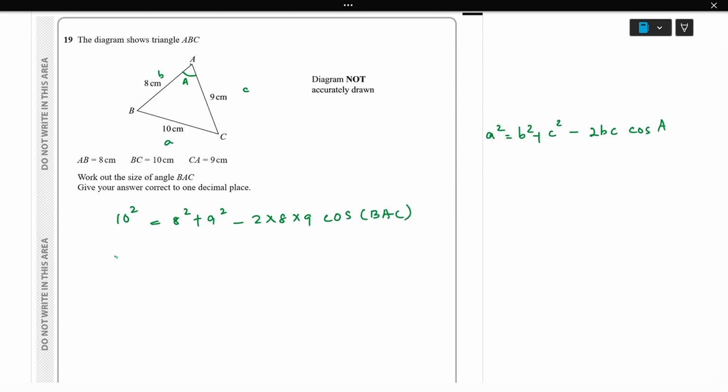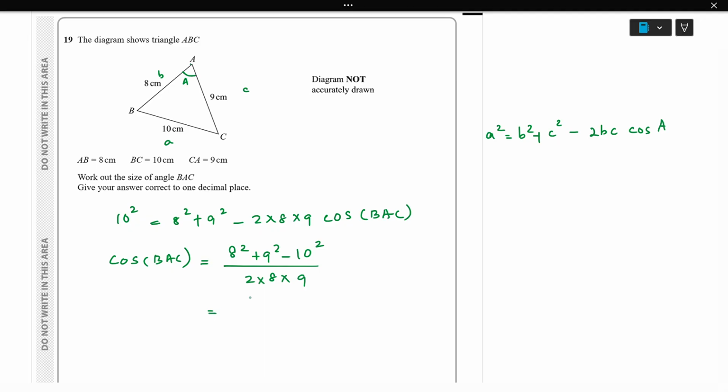So rearrange this. Cos BAC equal to 8 square plus 9 square minus 10 square over 2 times 8 times 9.